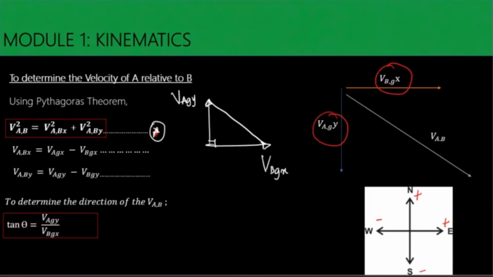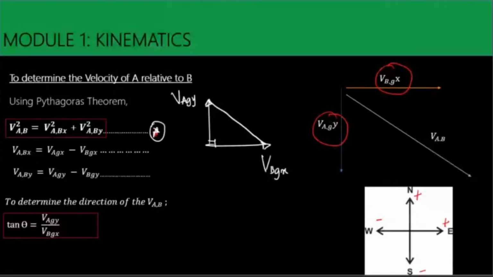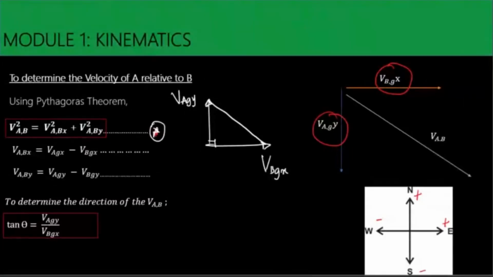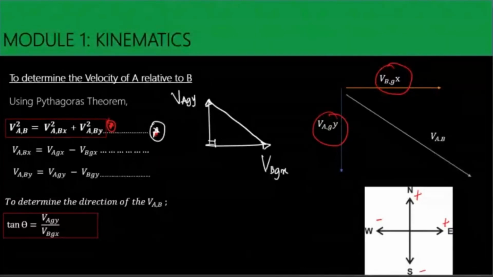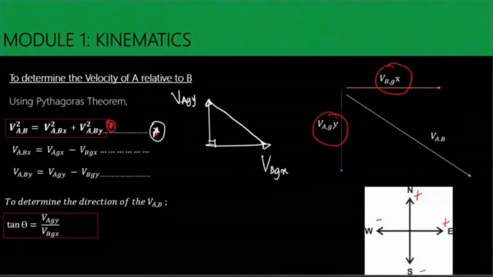So when we have two objects that are moving in different directions, not parallel, how do you determine their relative velocities? There is a formula that you use. You can see from what is written here, this formula was actually gotten from the Pythagoras theorem. So you are going to use this formula to get that particular magnitude. Okay.